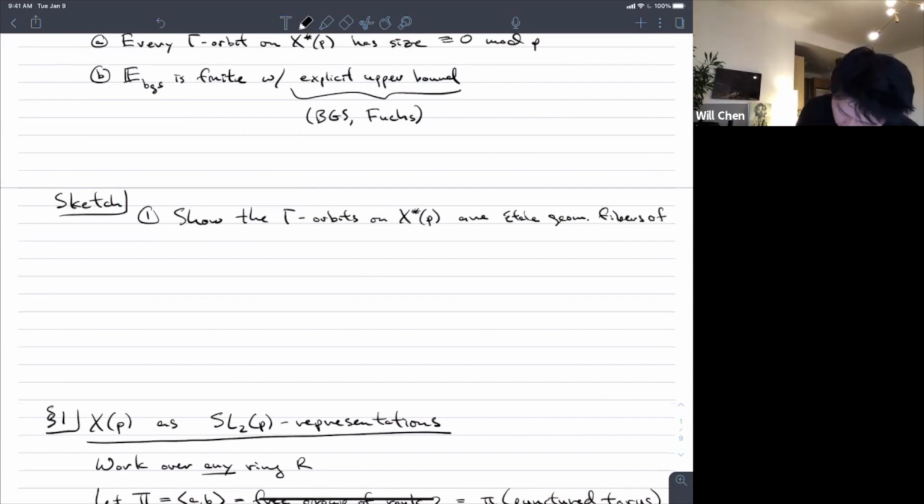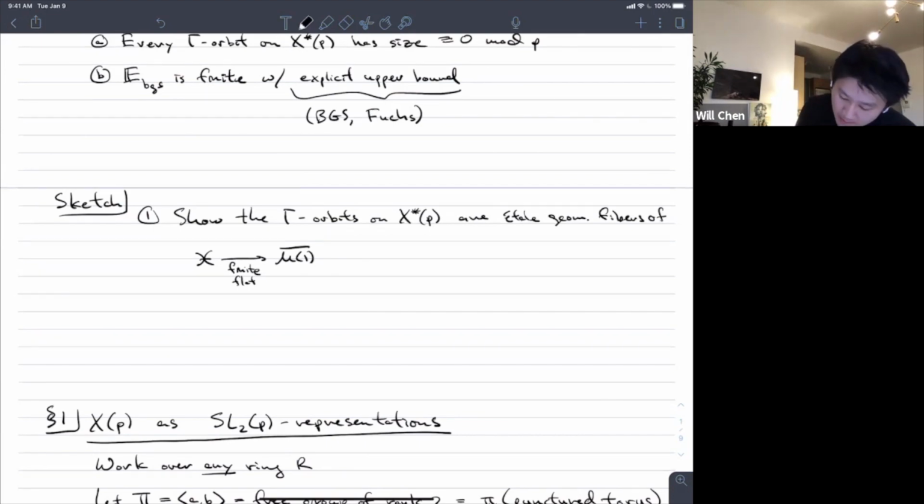So it's going to be a certain finite flat map of stacks. By étale geometric fiber, I mean a geometric fiber above a geometric point where the map is étale. Essentially, that means that the cardinality of the fiber is precisely the degree of the map. So this is going to be an étale geometric fiber of some finite flat map of stacks.